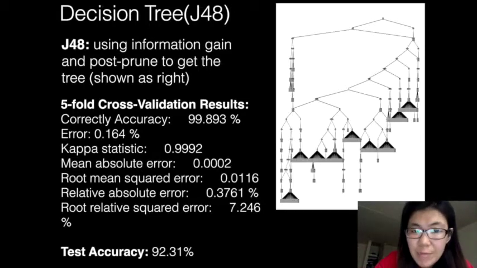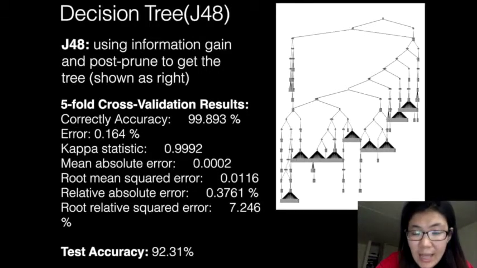J48 uses information gain to select the right attribute at the root, then iteratively grows the tree, and to avoid overfitting it uses a post-pruning technique.